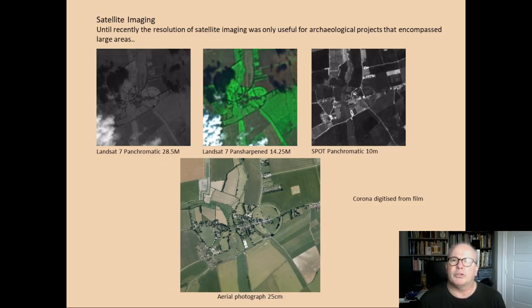When we move on to a slightly more detailed look at sites using satellite imagery, we find that various types of satellite imagery are available, and here are some examples. Now you'll see that each one has a resolution, and that resolution is expressed in meters.